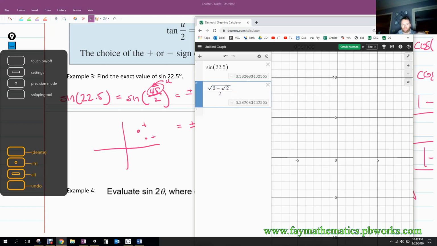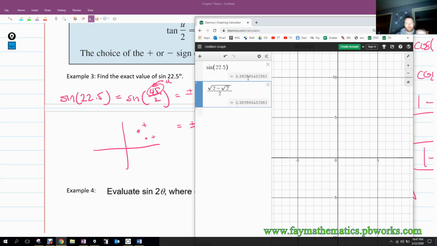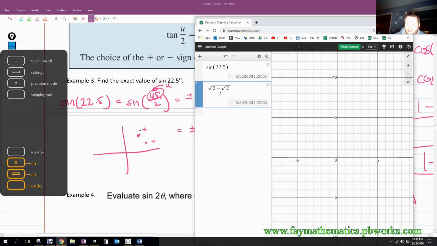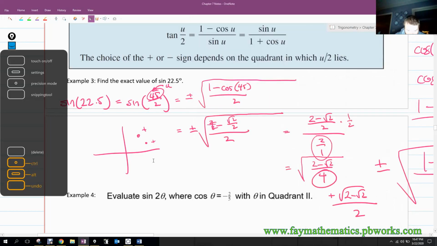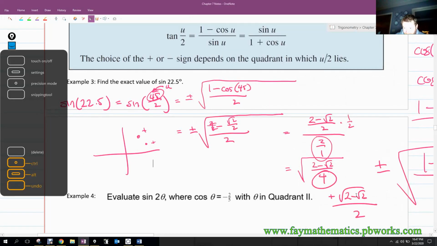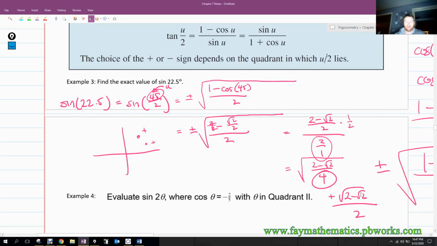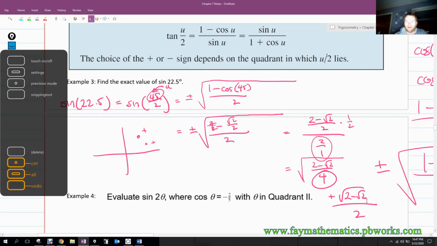You see that the decimal versions are the same. So what does this tell me? That's telling us that when we look at the unit circle, and I'm looking at 22.5 degrees, the y value as an exact value is that right there. You can't simplify a nested radical like this, so we just leave it as radical 2 minus root 2 as I've got it written here.